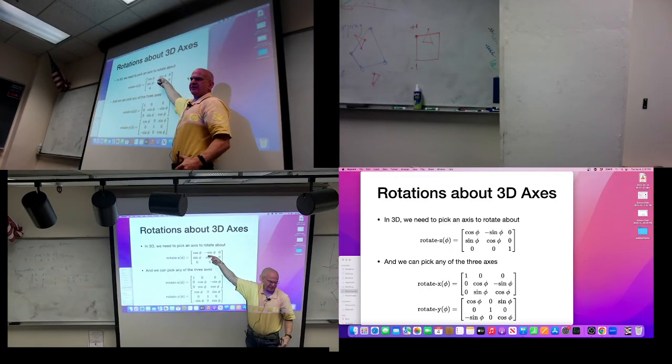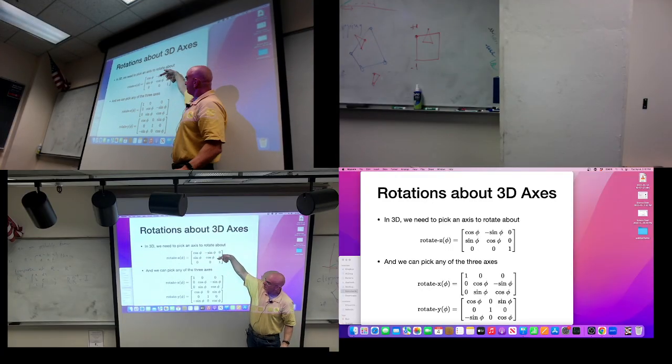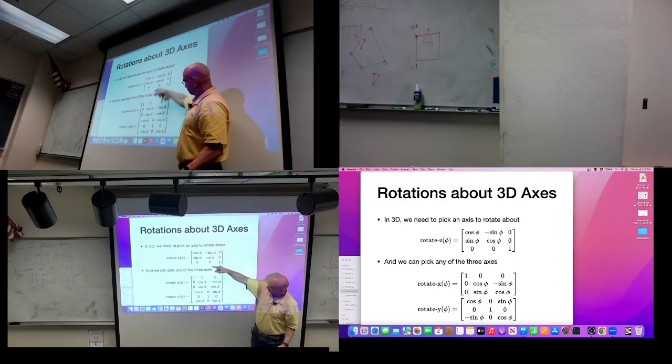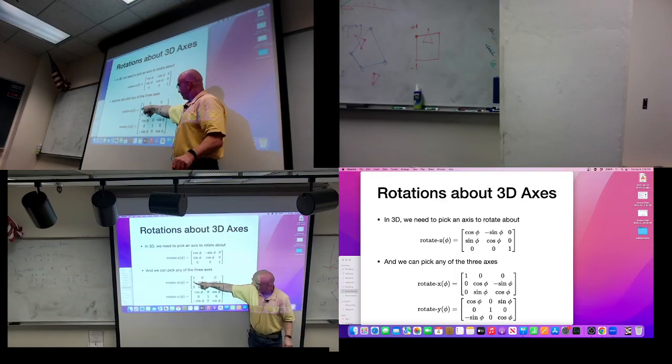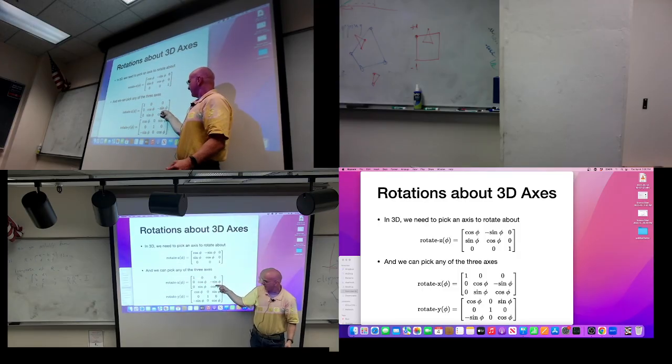X and y behave the same way. That's rotation around the positive z-axis. Similarly, cosine, minus sine, sine, cosine. If I rotate now around the x-axis, x stays the same, and I apply it for the y and z coordinates, the ones that are changing.